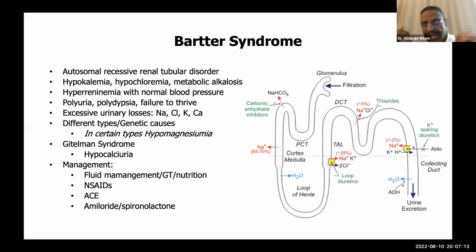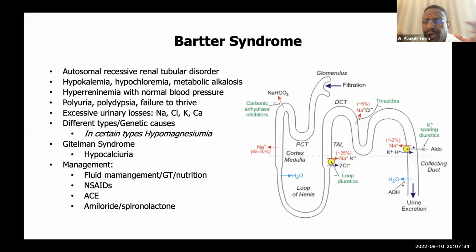Also, with renin production up, if you want to treat it, think about something that will block the renin-angiotensin system. Yet you're going to have a problem of wastage because there is polyuria, there is polydipsia, and most of them develop a failure to thrive.